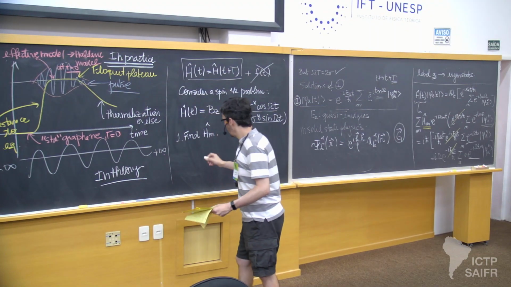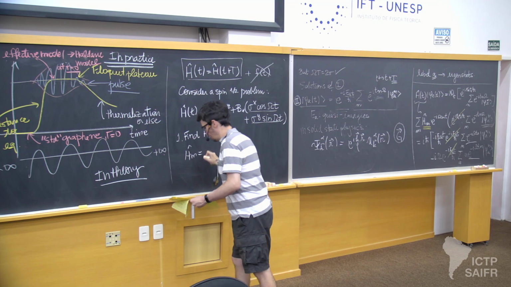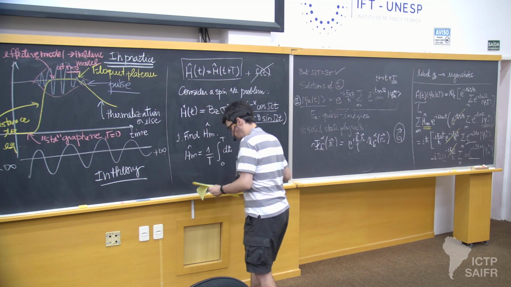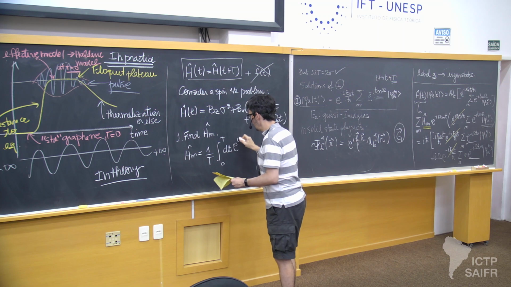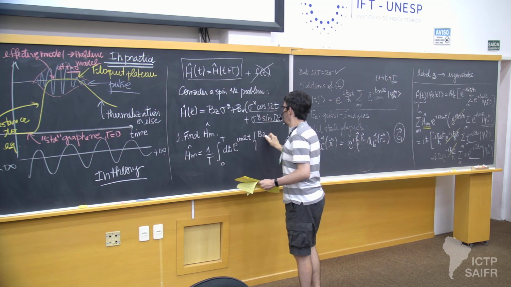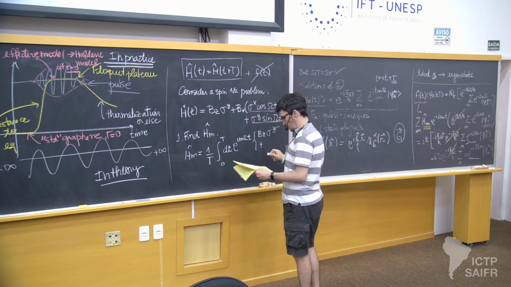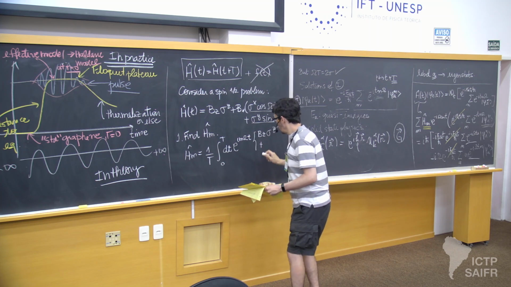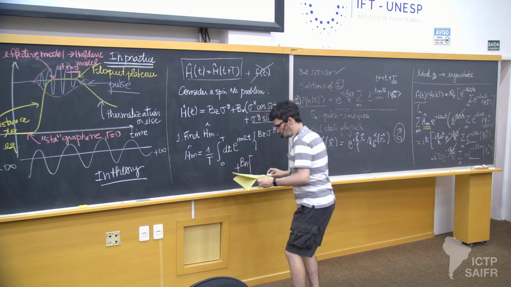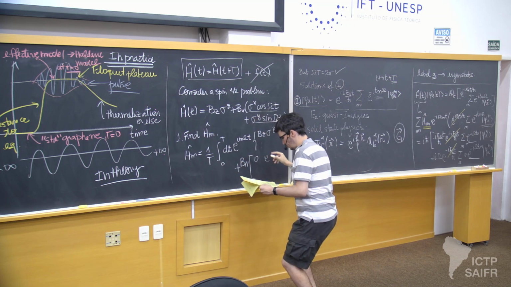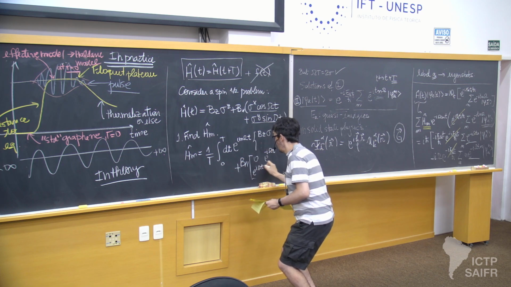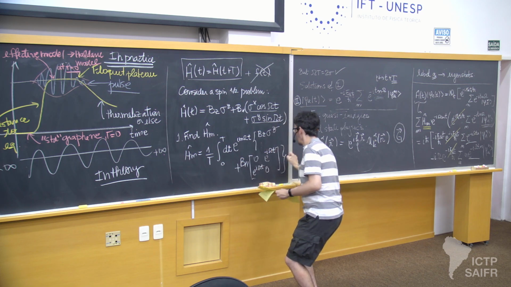So what is H_m? H_m is 1 over T, integral from 0 to T dt, of e to the i m omega t times bz sigma z plus the matrix with 0, e to the minus i omega t in the first row and e to the i omega t, 0 in the second.